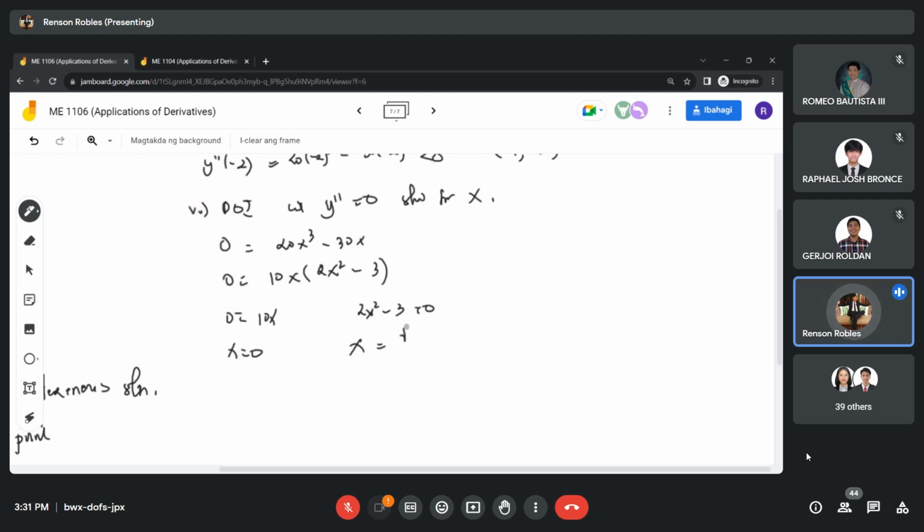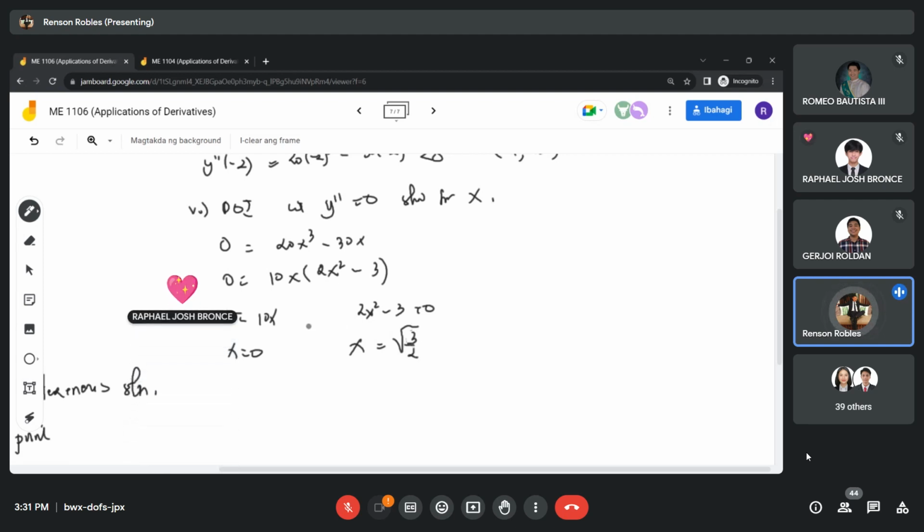Is the 2 included in the square root of 3? Right.